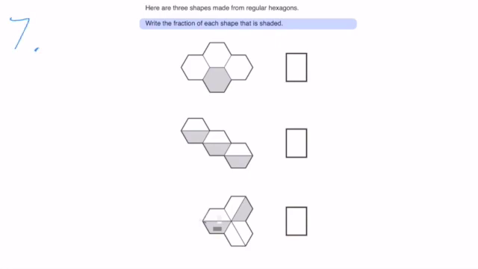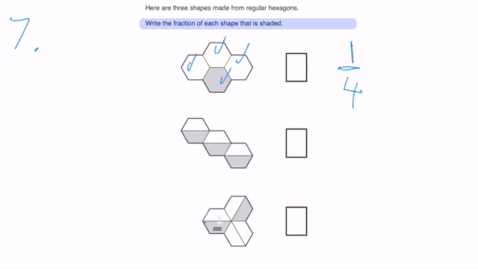Number 7. Here are 3 shapes made from regular hexagons. Write the fraction of each shape that is shaded. I'm going to let you pause while you work that out. Okay, for the first one, the denominator is 4. 1, 2, 3, 4, and 1 is shaded.